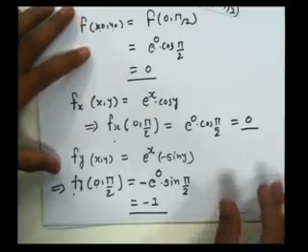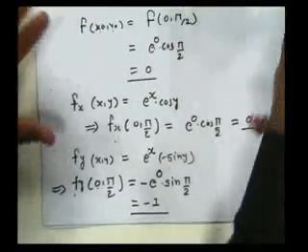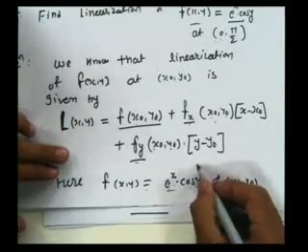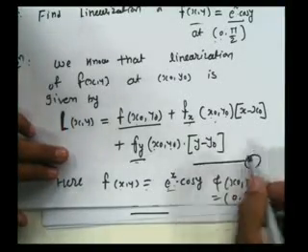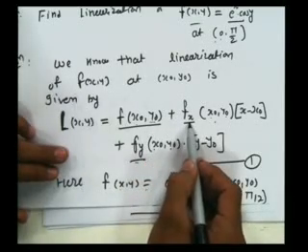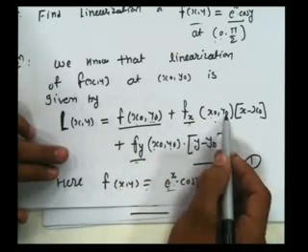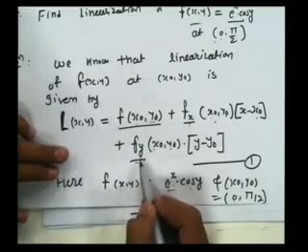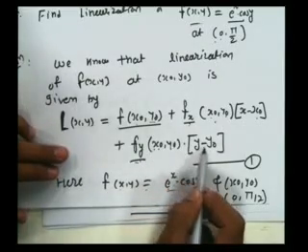So now we will put all these values in our equation number 1. That is, L of x y is equal to f of x0 comma y0 plus fx at x0 comma y0 into x minus x0 plus fy at x0 comma y0 into y minus y0.